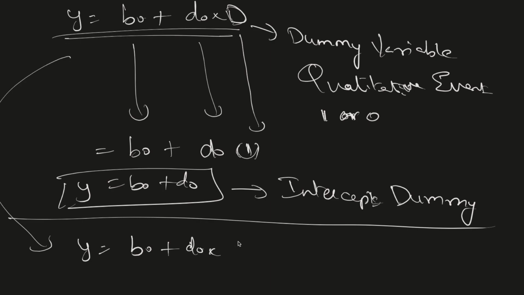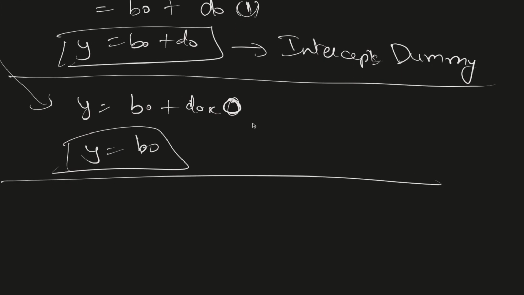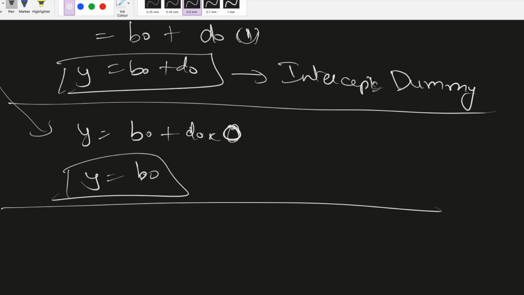In that case, because it is the absence of the qualitative event, b0 is the only average sales for the company.